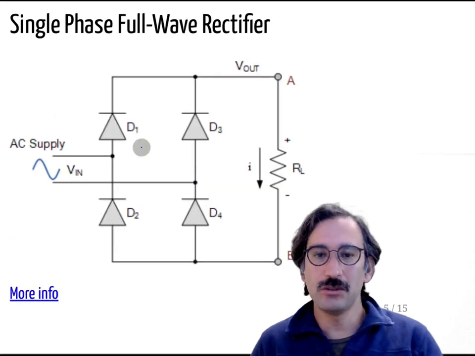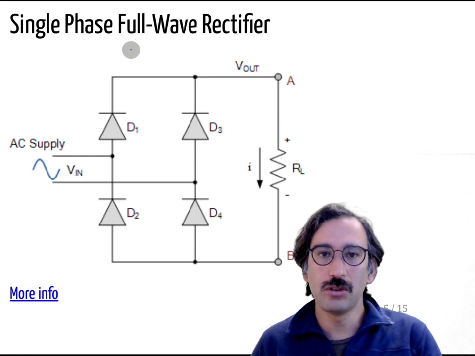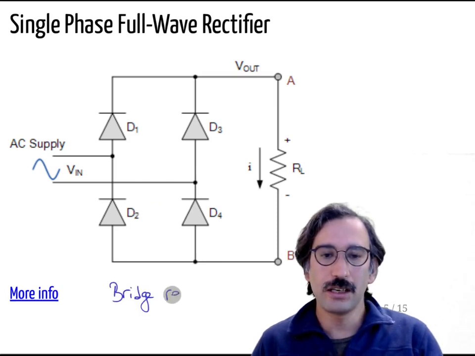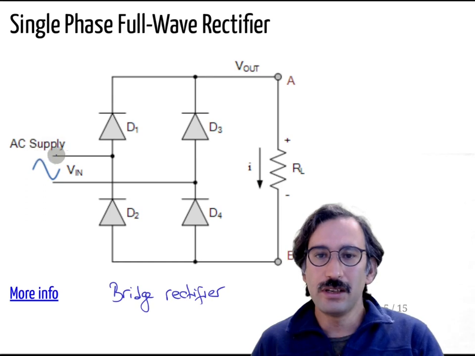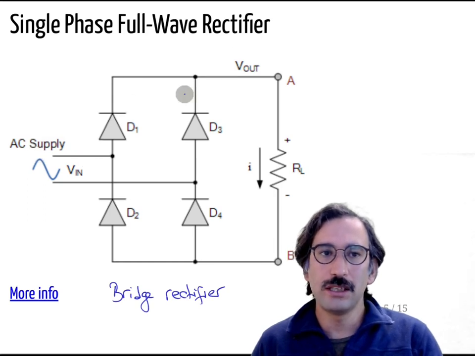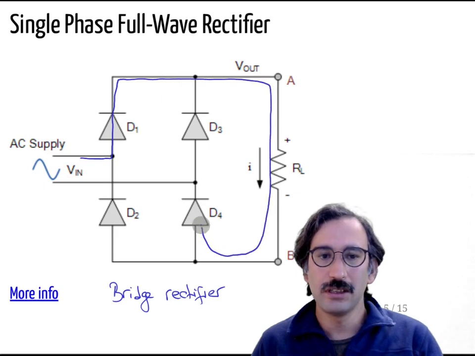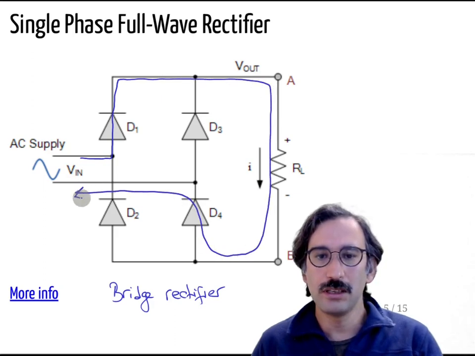So what we can do is the full wave rectifier. Instead of just connecting one diode here, there are 4 diodes. This is also called a bridge rectifier because of the bridge shaped circuit. Whenever your input is positive, D1 will be in conduction and the current will come back through D4.